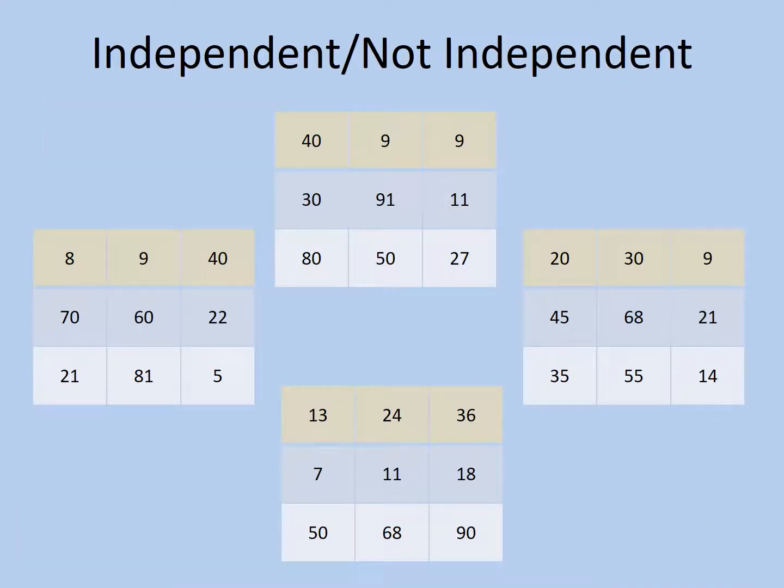We now use a second example to consider how to eyeball whether or not two variables are independent, this time involving 4 different 3x3 classification tables.